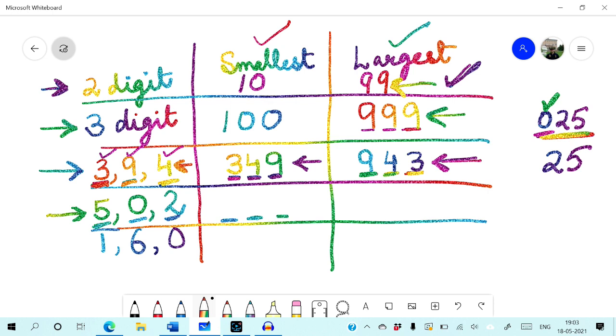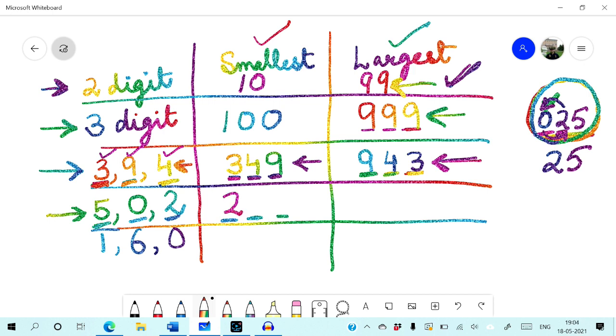So what is the catch? The catch is 0 should come at the second largest place. So we will arrange the numbers in ascending order like this: 0, 2 and 5, and we will interchange the second number with 0.